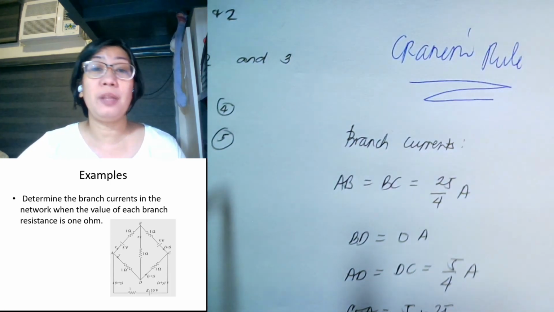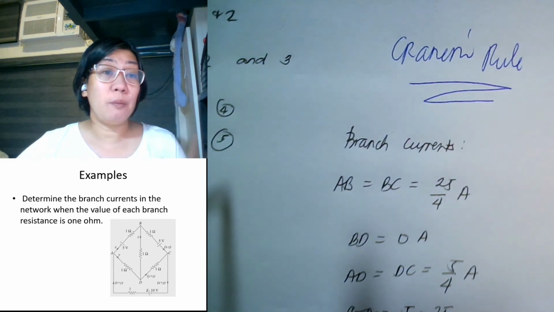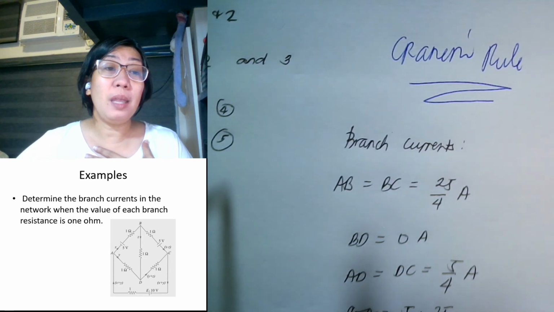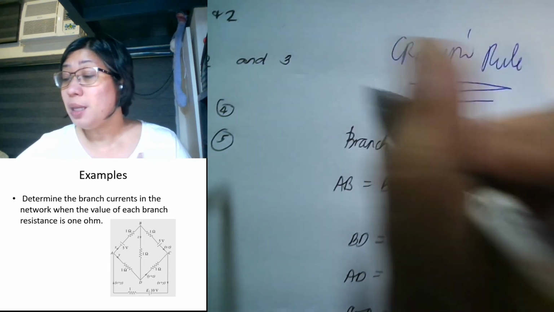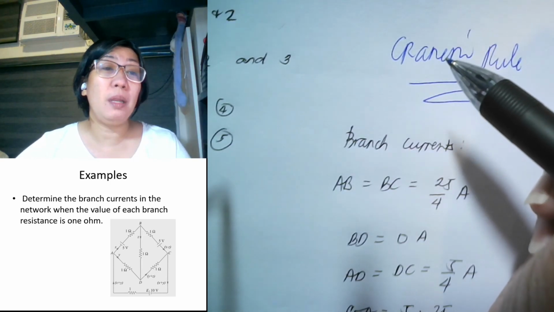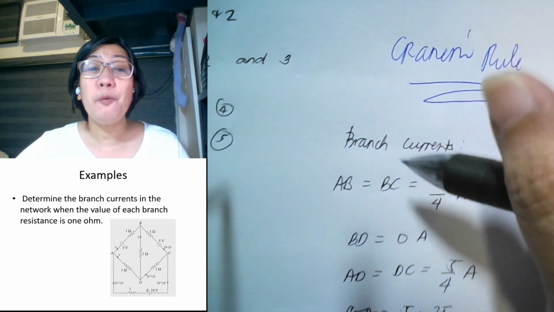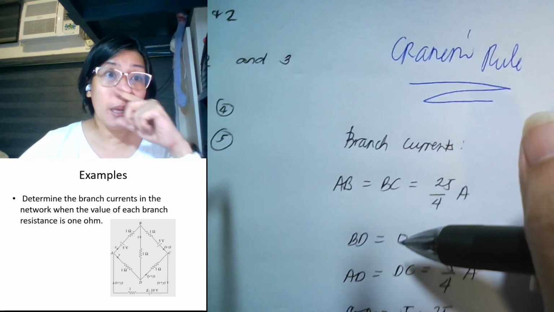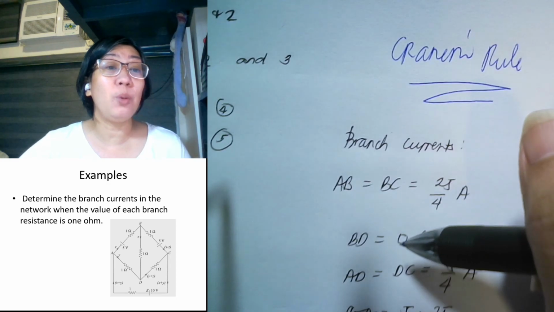So if you have time, kindly read up on Cramer's rule, because from this moment on, we can easily formulate equations. By using KCL, KVL, and looping, forming an equation is now easy. But the problem really is on how to solve those equations.